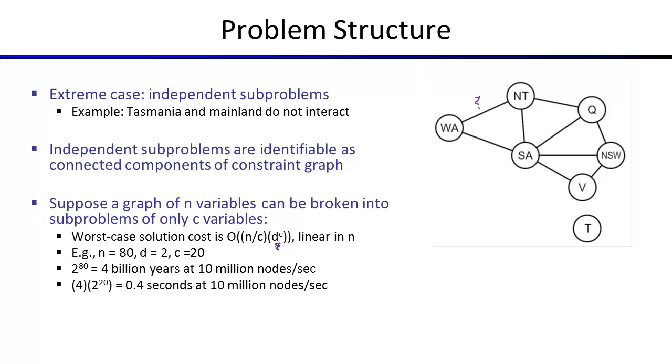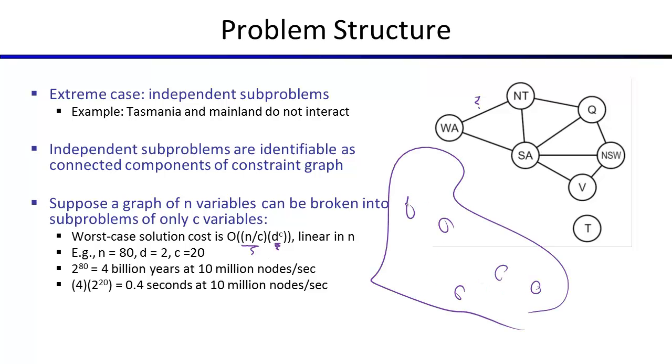But now we just got a bunch of small size c problems, so n over c of them. And so now we have this worst case solution cost that instead of being d to the n, exponential, is now linear in n, and it's exponential only in the size of c, the subproblem. So you had this giant problem, which was a mess, and you've broken it into a bunch of tiny little subproblems.